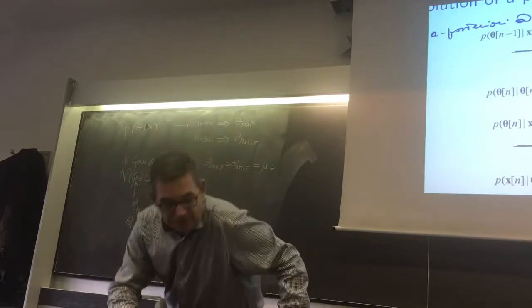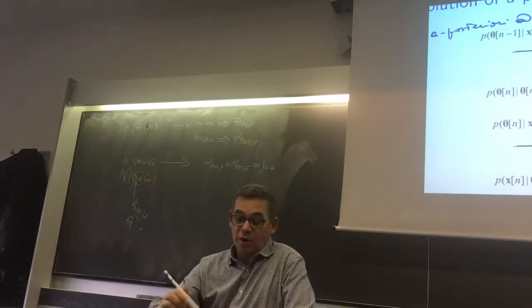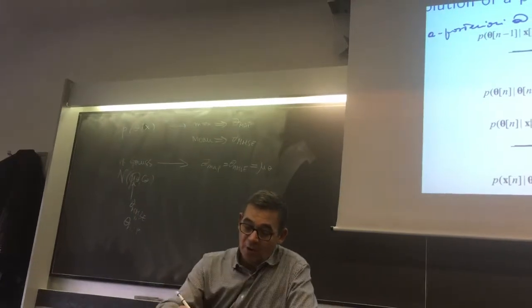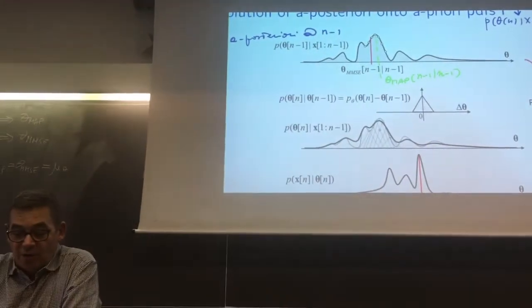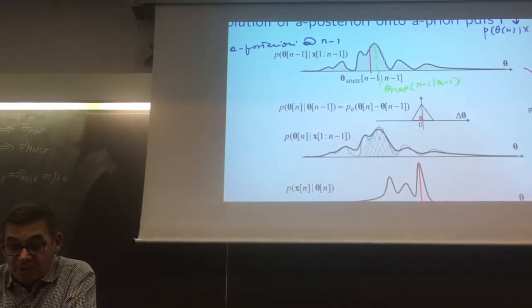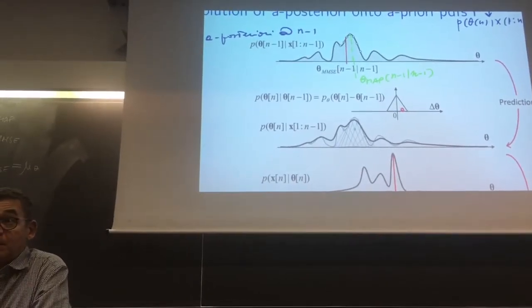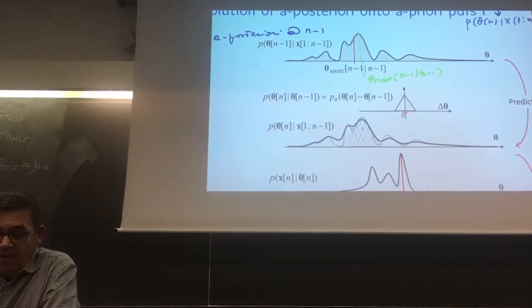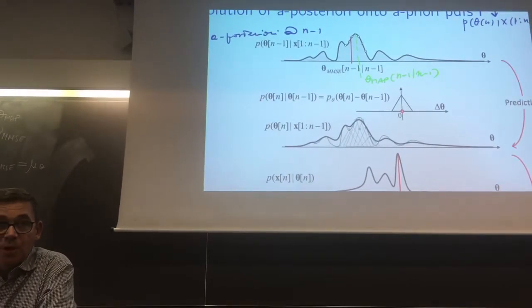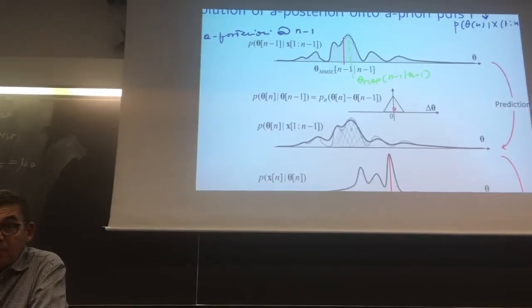So, how can I say that to solve it? I'm going to say the following. Look at this as a transition probability. My transition probability says the following: if I was at a certain point at a certain time, then at the next time, with higher probability, I stay there.